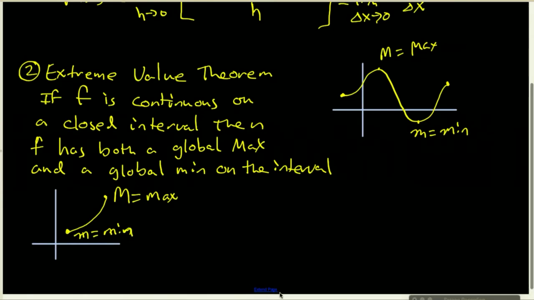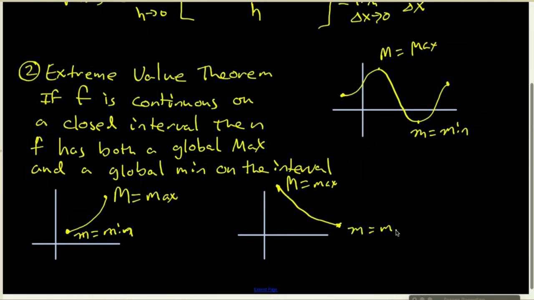On the other hand, if my function is always decreasing, then we get just the opposite. The global max will occur at the left-hand endpoint, and the global min will occur at the right-hand endpoint.